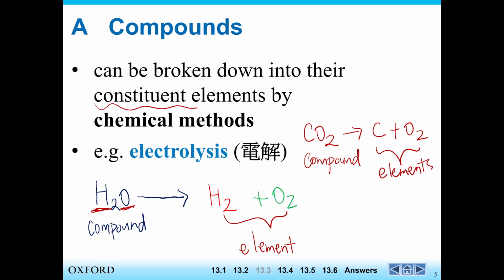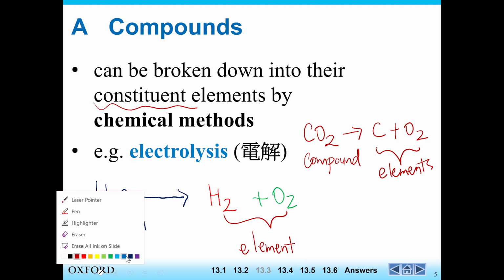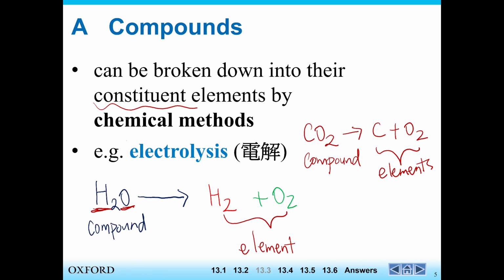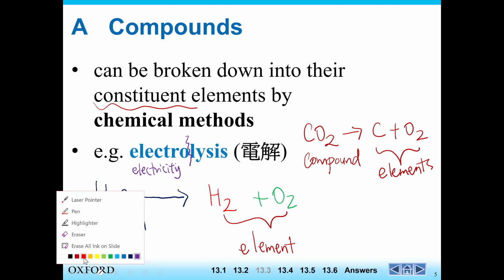So how can we break down or split the compound into elements? There's a process called electrolysis. We can use electricity to break it down. In this word electrolysis, electro means electricity, and lysis means to break down something.